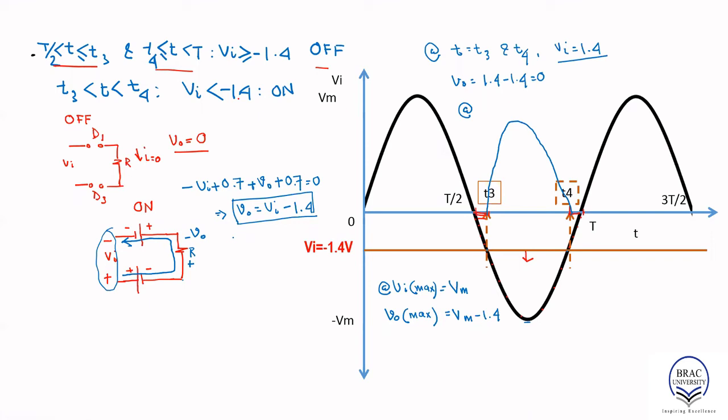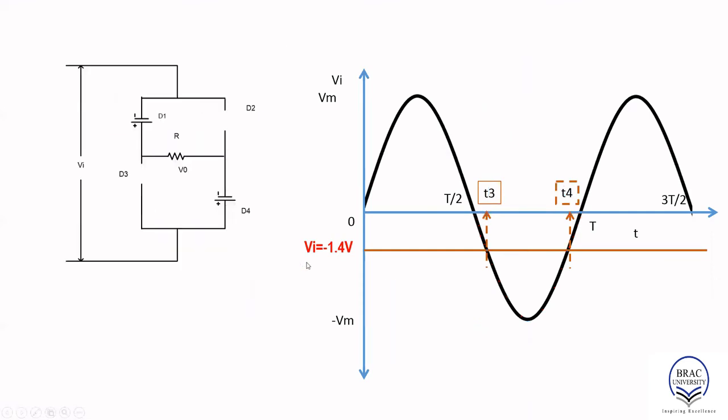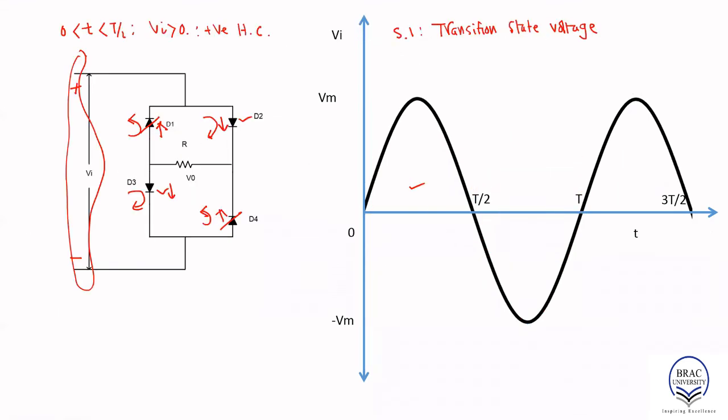You see, we obtain the same relationship as for the positive half cycle, Vo is equal to Vi minus 1.4. So another way we can show this: for the positive half cycle, this is the direction the current is flowing.